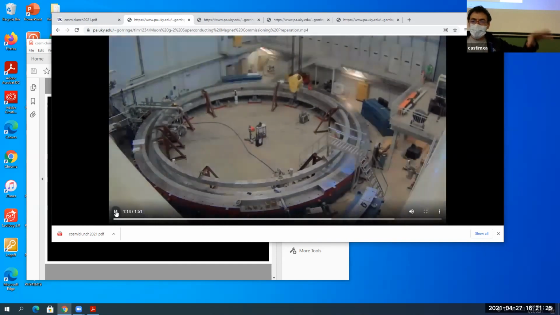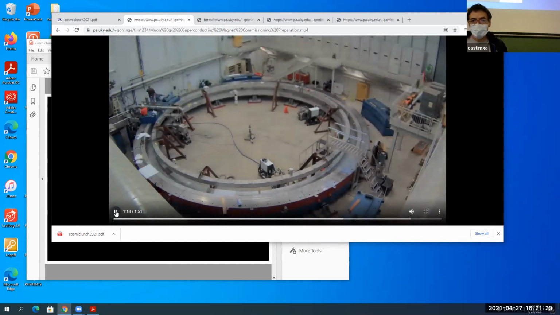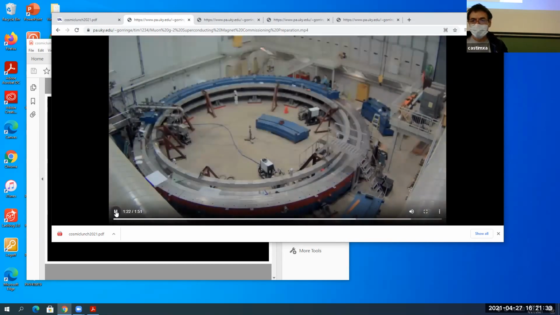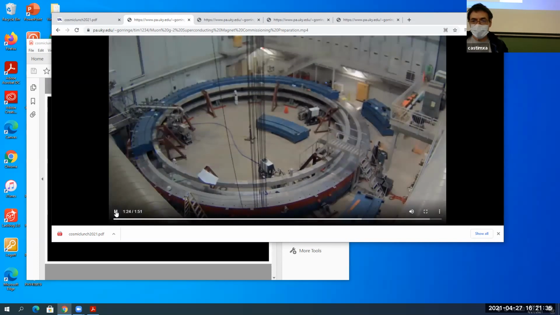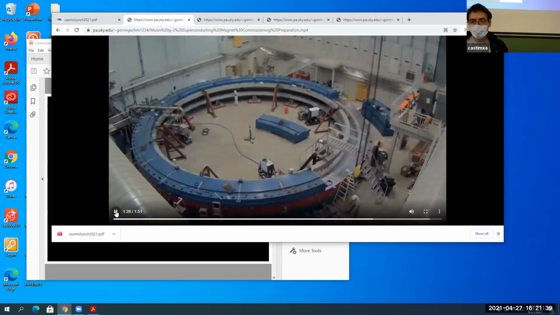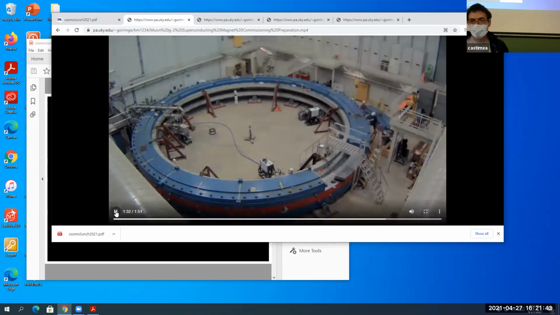And it's all these little segments. And this happened over a space of about a year to put all this together. So it's like this giant jigsaw puzzle.